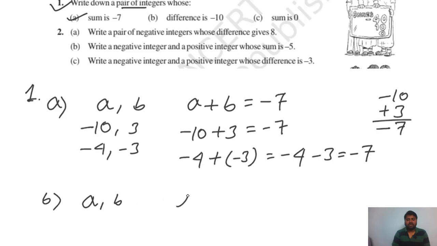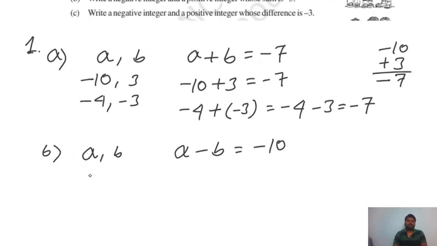Okay, in a similar way, here the difference is -10, that means we get two numbers a and b, a minus b equal to -10. So how is it possible? We can take an easy number. Suppose the numbers are 0 and 10, and we use 0 minus 10, two integers 0 and 10, we get -10. Okay, this is an easy way.